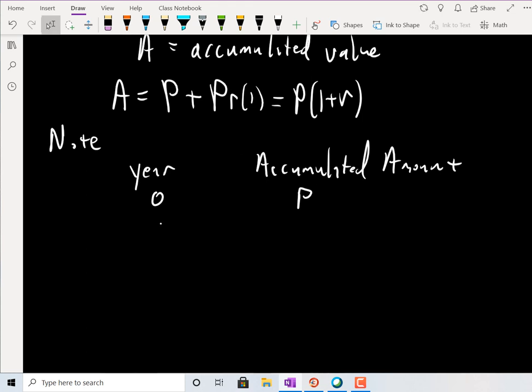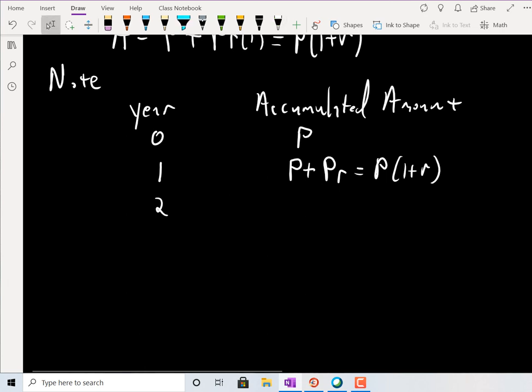After 1 year, I'll have the original amount plus the interest on that original amount, P times R. I'm going to rewrite it as P times 1 plus R. After 2 years, I'll have the amount from last year in the account plus the interest on that. So that will be P times 1 plus R times another R.